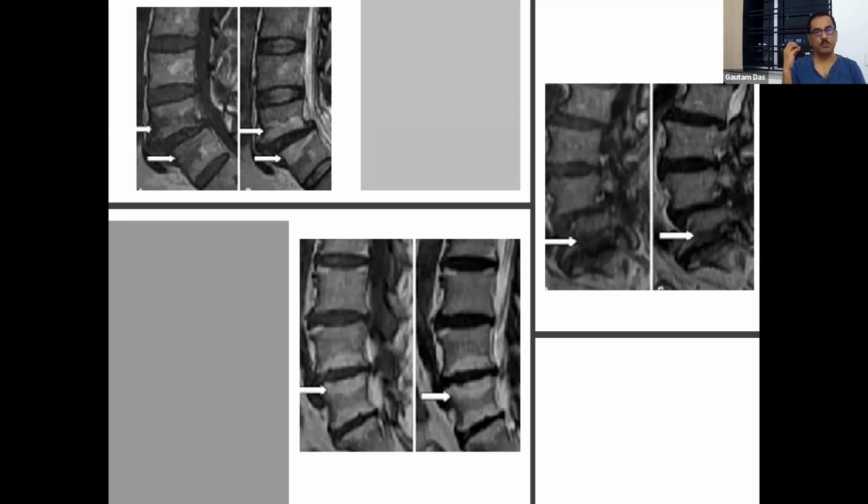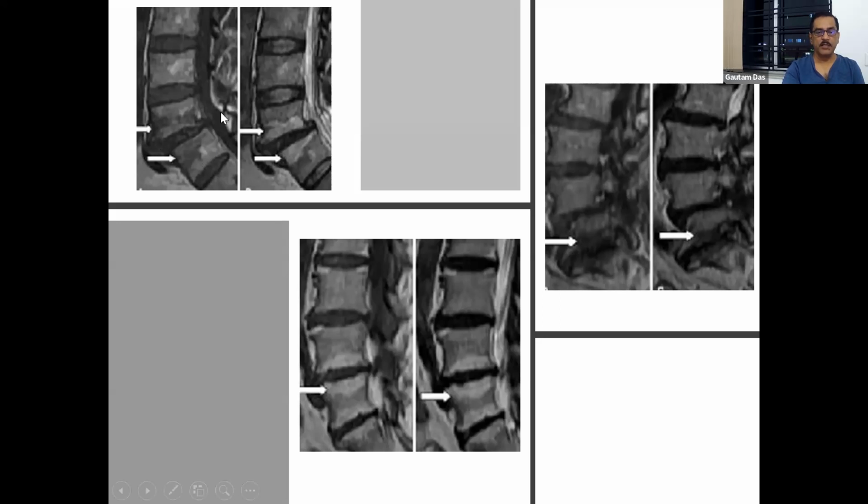This hypothesis is very popular, that a low-grade infection causes the marrow edema, and that causes the diffuse back pain, exactly like that of discogenic back pain. So clinically, it is very difficult to distinguish between discogenic back pain and the changes because of Modic type 1.